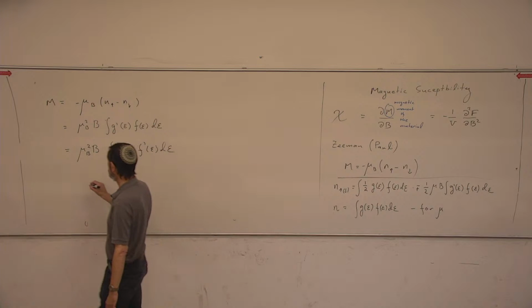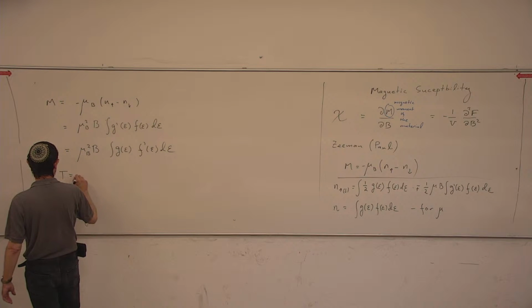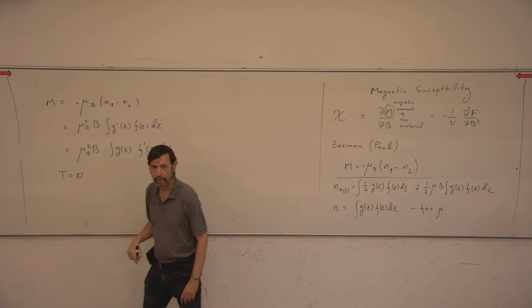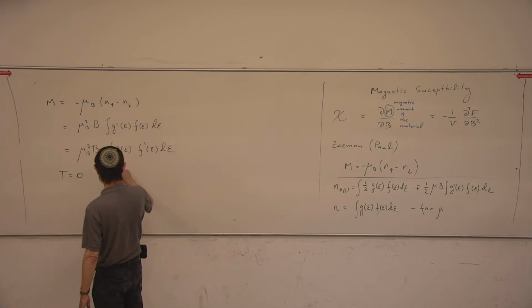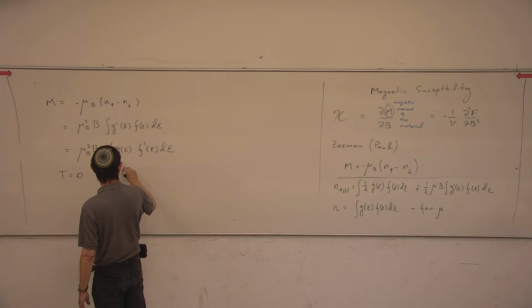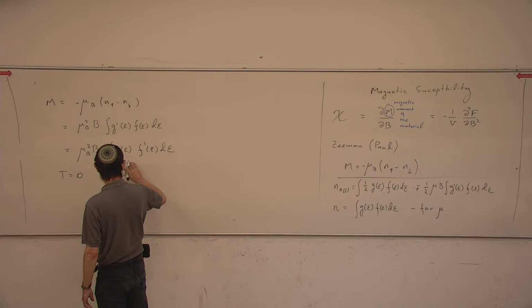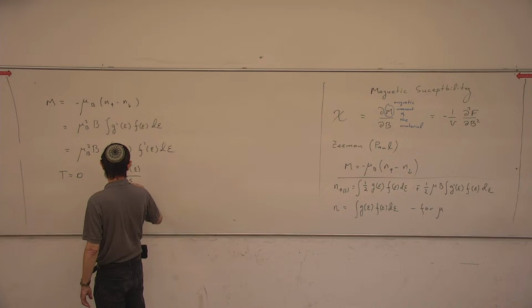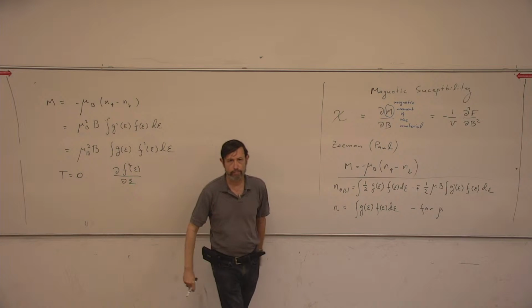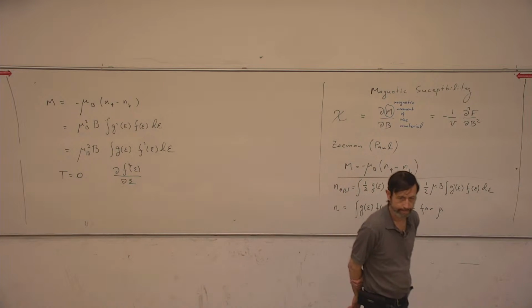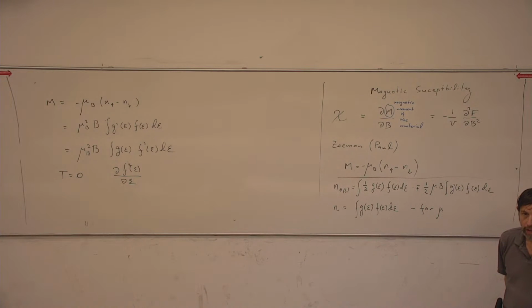Okay, for T equals 0, life is really easy, because what is the derivative of the Fermi function at 0 temperature?